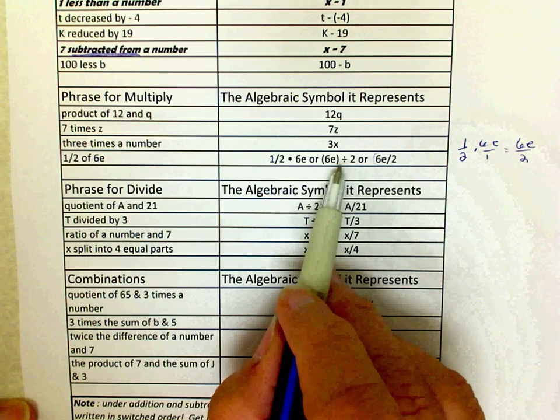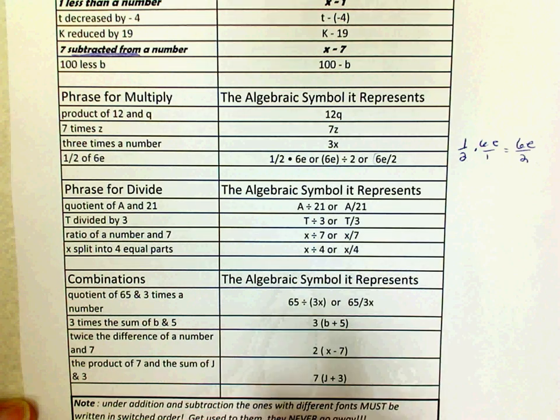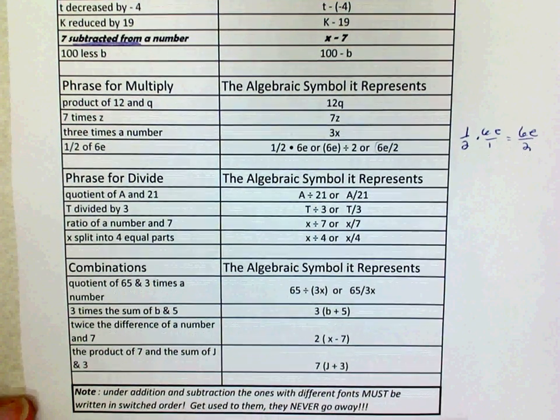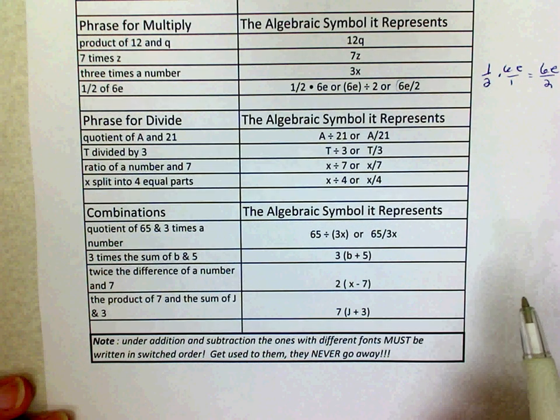So I could also rewrite it as 6e and then divide that by 2. And remember, the rules of fractions come from chapter 4.